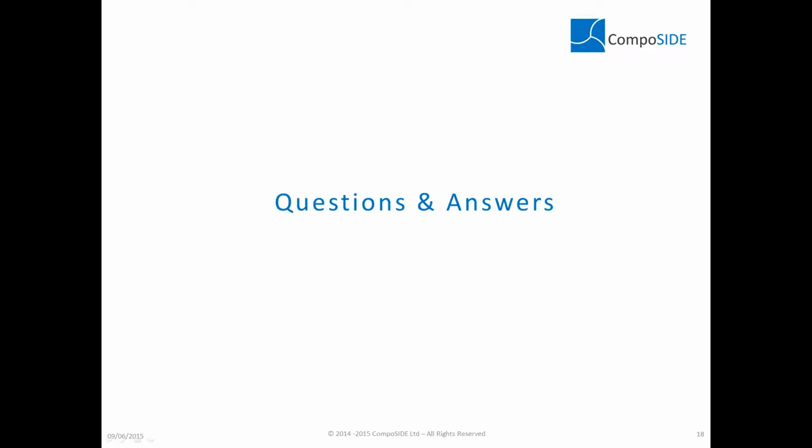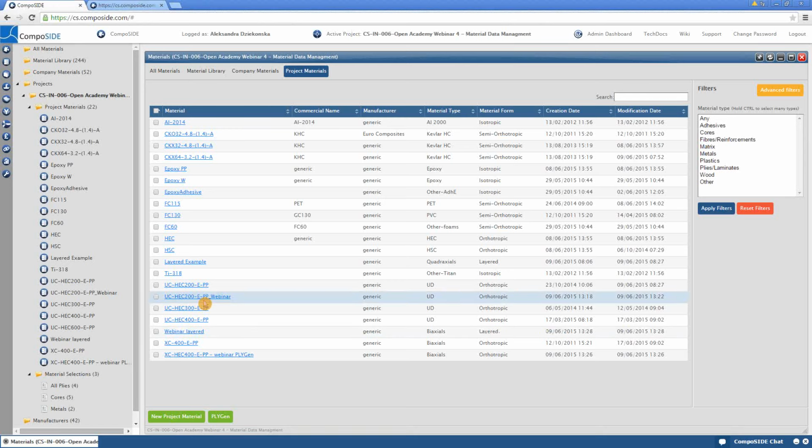Chris is asking, when adding plies to a multi-axial laminate, does the laminate have to be symmetric, or does asymmetry affect the calculated properties? That's a good question. As I mentioned, this is a plane strain assumption, so it's assumed to be zero curvature.